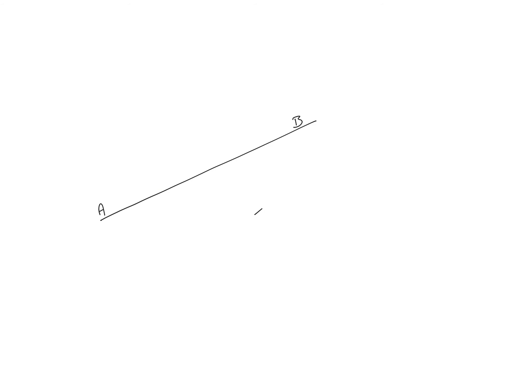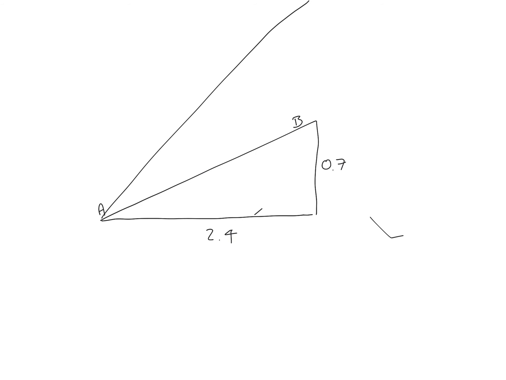The horizontal distance from A to B is 2.4, and the vertical distance is 0.7. Then there is this other point C up there, which is 2.5.